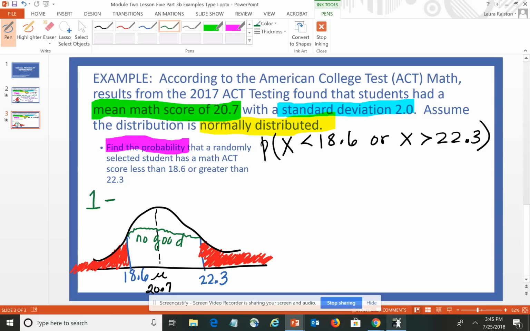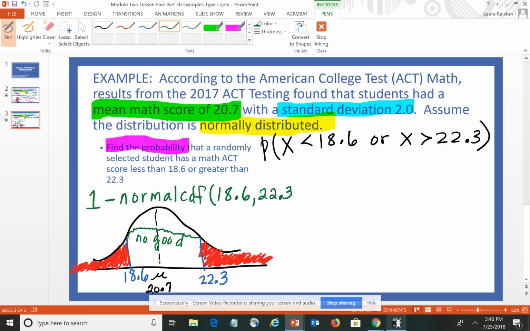I want to get rid of that region in the middle. Well, that region runs between those two points. So if I say 1 whole, because that's the whole pie, and I remove that middle piece that I no longer want, then that's going to give me the probability. And it simplifies my calculations just a wee bit.